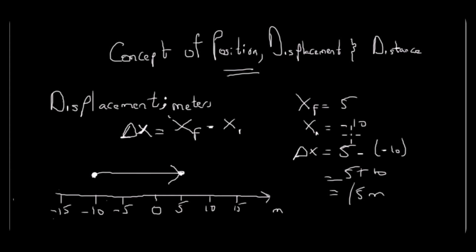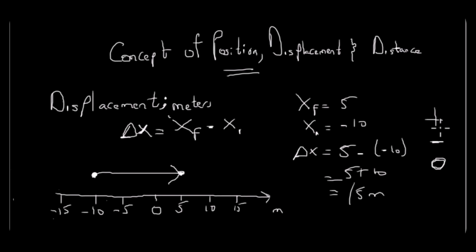Now, as far as displacement is concerned, in one dimension, displacement can be positive, can be negative, and can also be 0. The sign of displacement in one dimension tends to account for its direction. What do I mean? If my object is changing position towards the right, then my displacement will have a positive value.